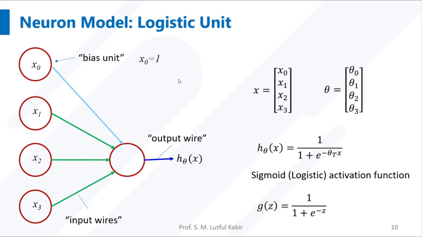Now, the theta parameters: we call them parameters, but in neural network literature, sometimes you might hear people talk about the weights of the model, and weights are exactly the same thing as the parameters of the model. So this represents a very simple form of neural network.